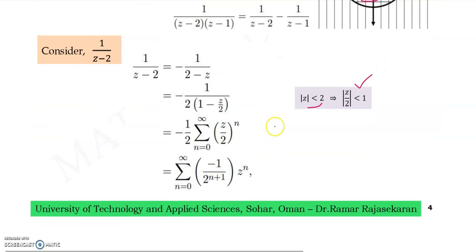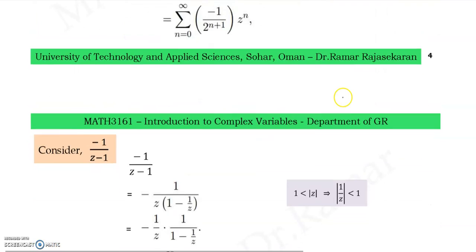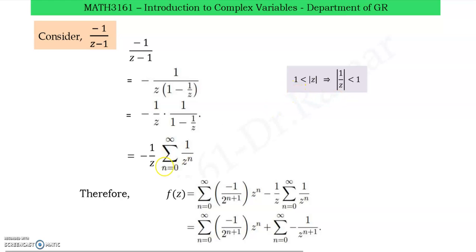With the condition 1 less than mod z, I get modulus of 1 over z less than 1. So I can write this in summation form: minus 1 over z sigma n equal to 0 to infinity 1 over z power n.